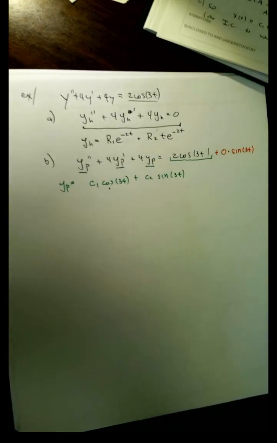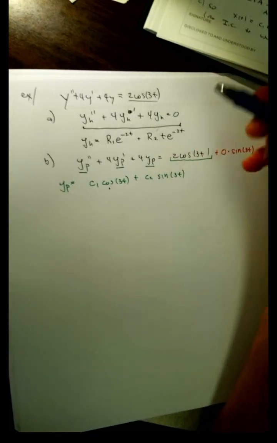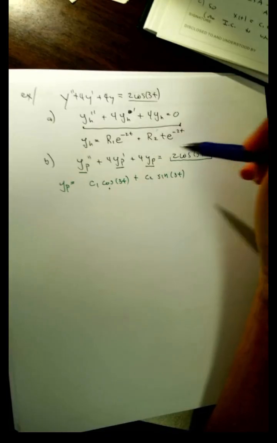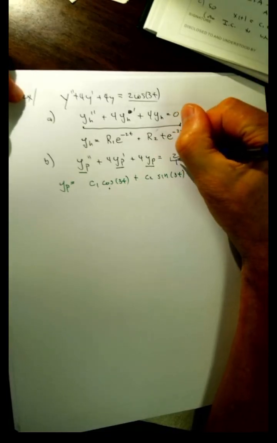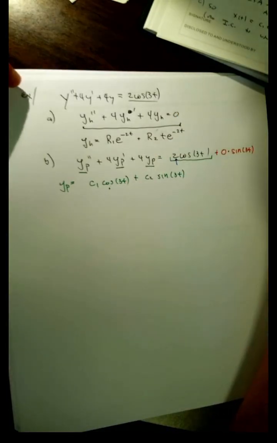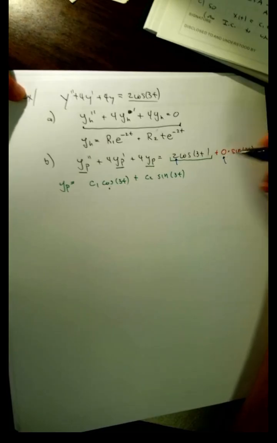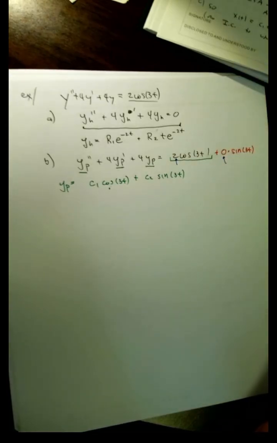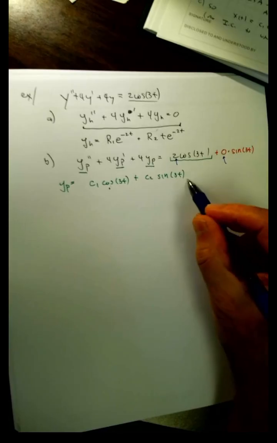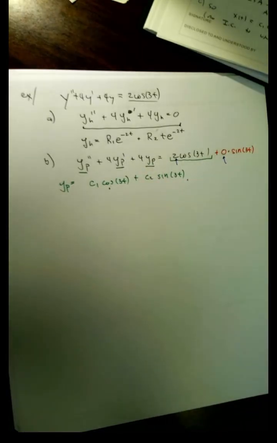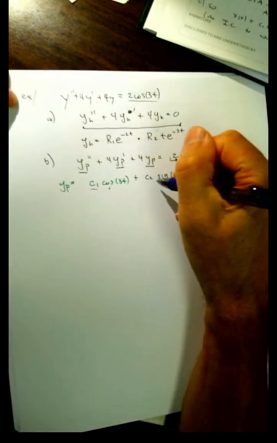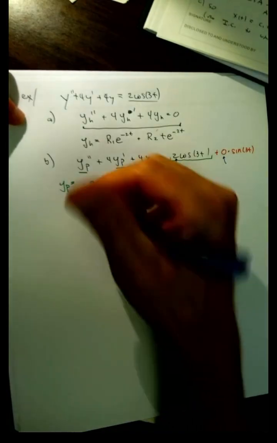So when I plug this back in, I'm basically going to get a whole mess of stuff that looks like cosines plus sines. I know the coefficients on the cosine terms have to add up to 2, and the coefficients on the sine terms have to add up to 0. So I'm going to plug this into my equation and ask what it implies about c1 and c2. So I need two derivatives.